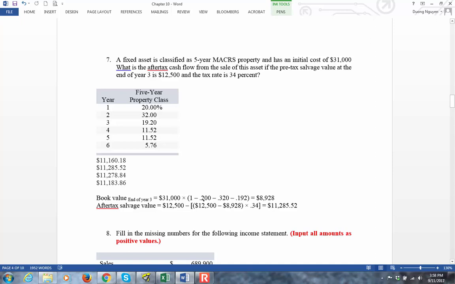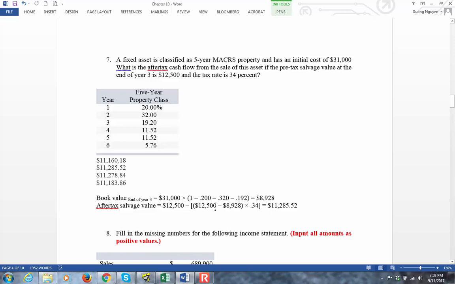So 1 minus 0.2 minus 0.32 minus 0.192, times 31,000, you get $8,928. So the after-tax salvage value would be equal to, first of all, the selling price, as the company is able to sell the assets for 12,500, minus the amount of taxes. So what is the amount of taxes? That would be how much tax the company had to pay on the profit when selling the assets.